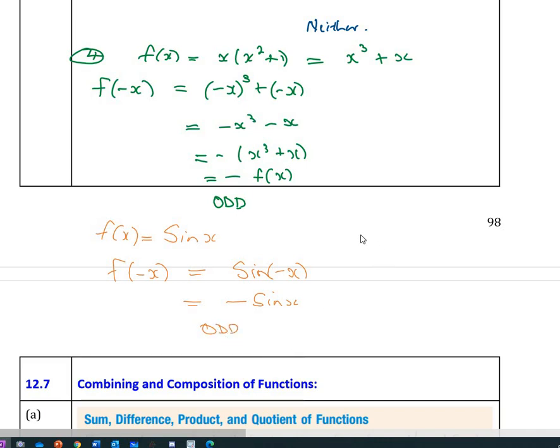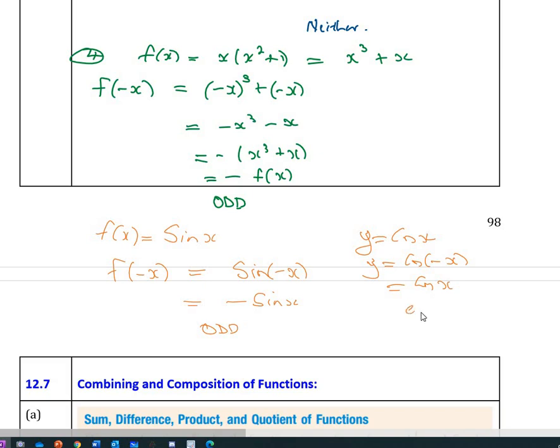And if we do y is cos x, now I did y again, but it doesn't matter. And now I swap the x for negative x. We know that the cos of negative x is exactly the same as the cos of x.